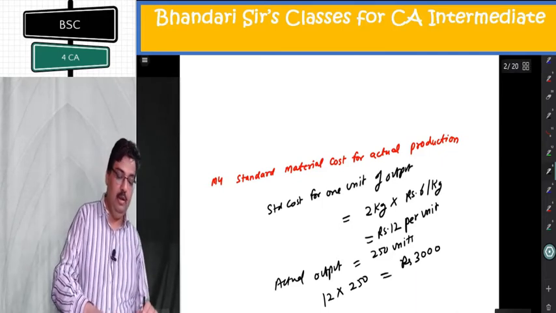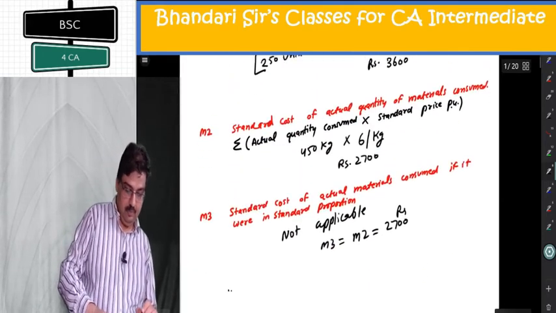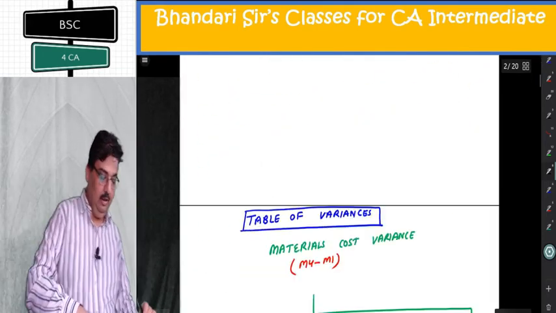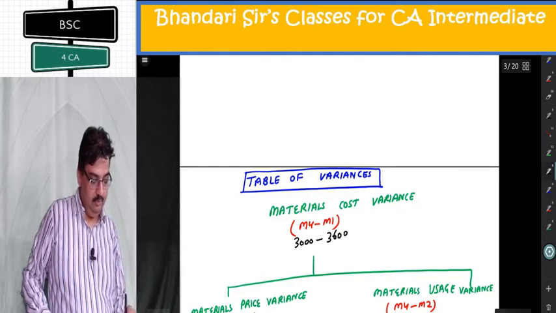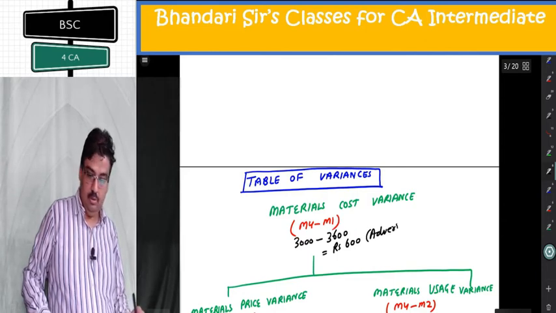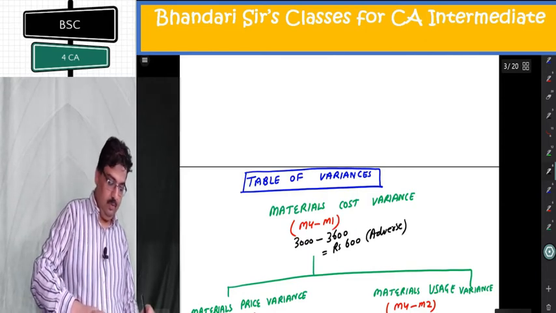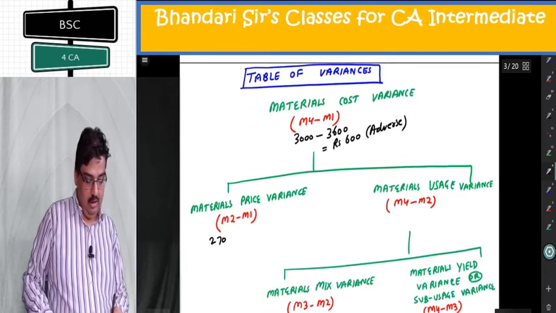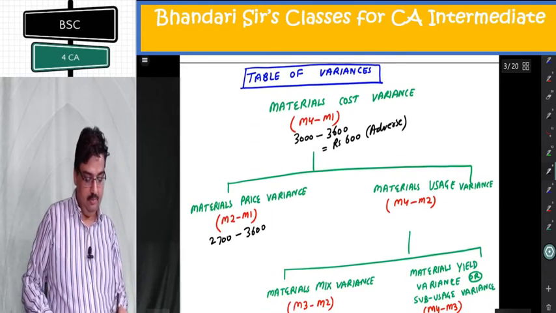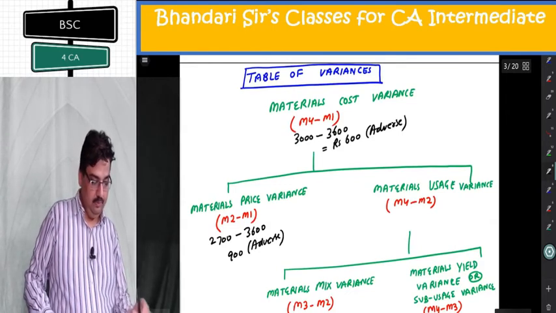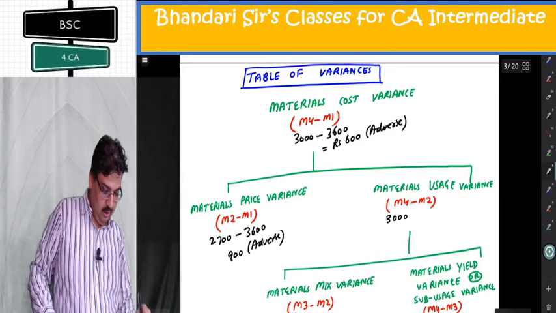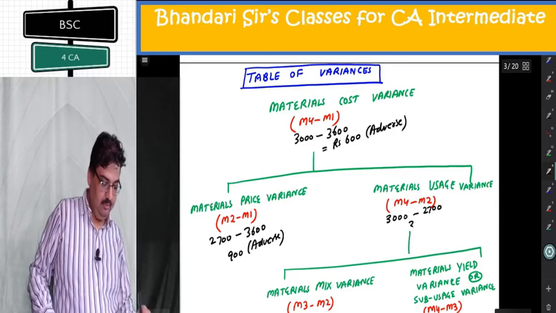Now you have to apply in the table only. 3,000 and 3,600, 600 adverse. 2,700 minus 3,600, 900 adverse. 3,000 minus 2,700, 300 favorable.